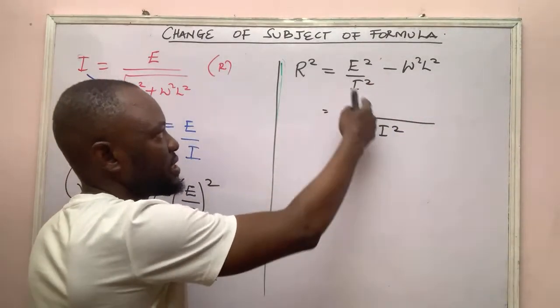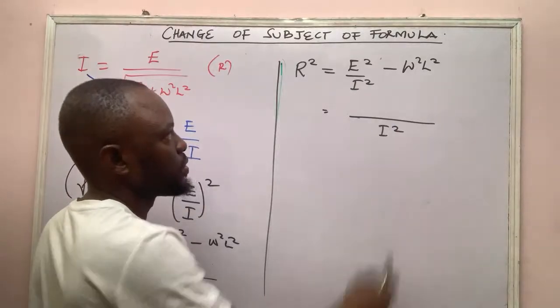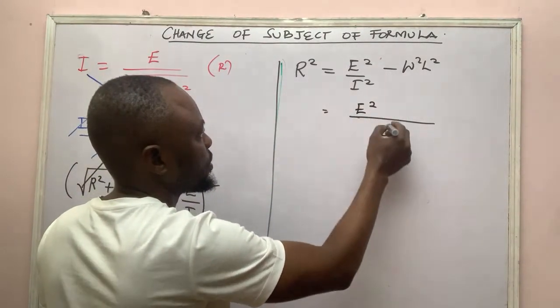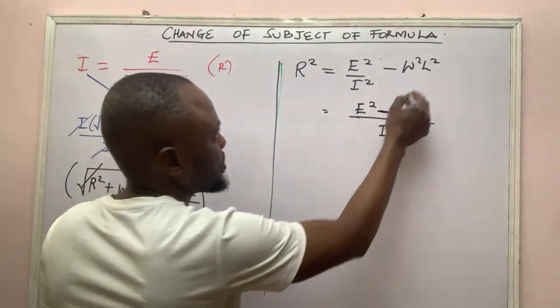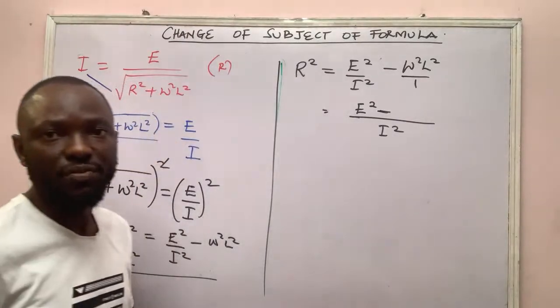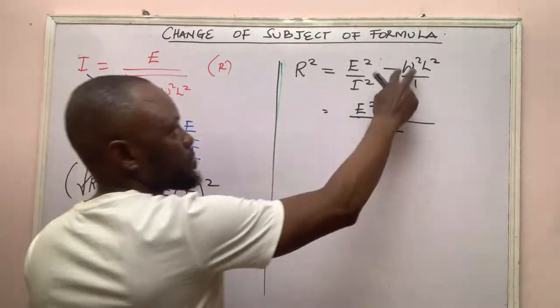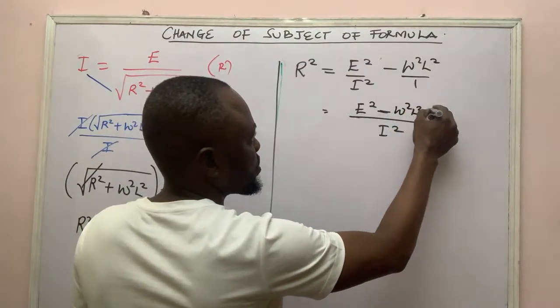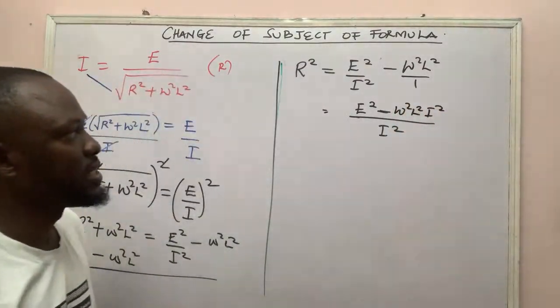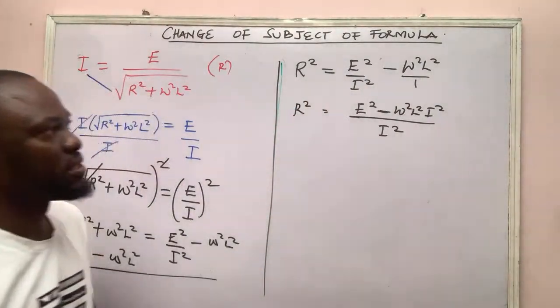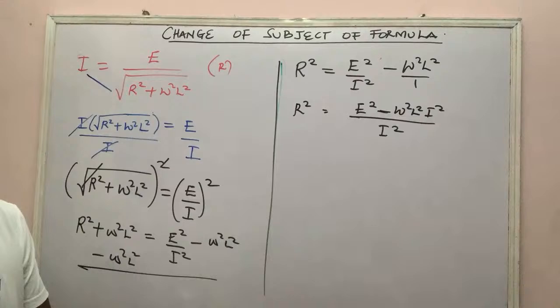So I squared in I squared is 1. 1 times this will give me E squared minus, so this is 1. 1 in I squared will give me I squared. I squared multiplied by everything here will give me w squared L squared I squared. All right? So I have r squared equals that. You can see that. All right?